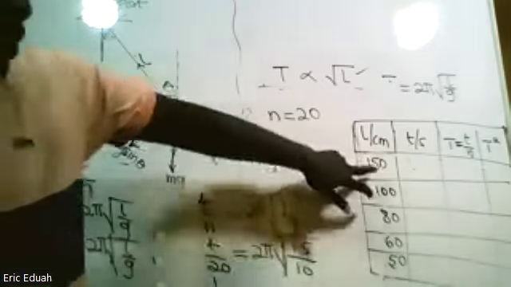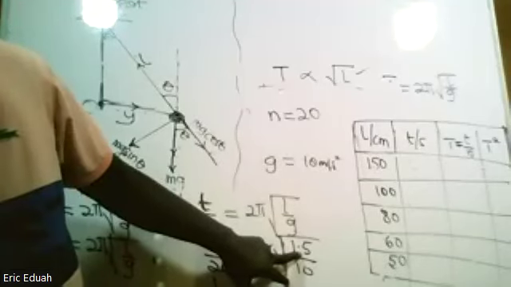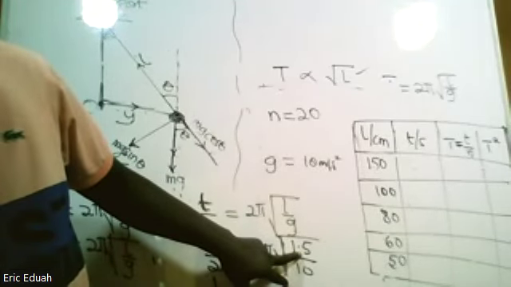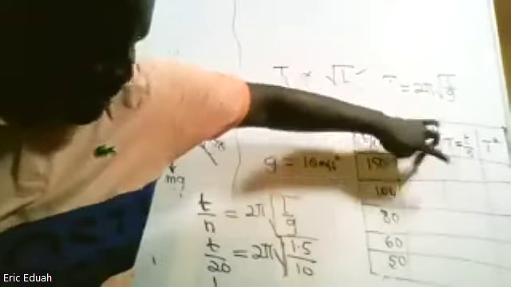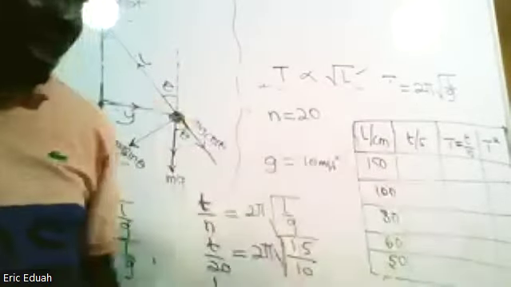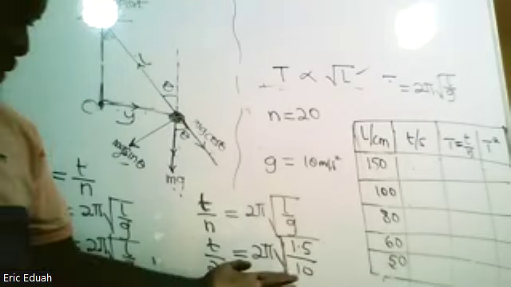Isn't it so powerful? Yes, please. When we substitute the values and we solve, the answer we get will be for which one? Isn't it for what length am I using? I'm using 1.5, 150. So that will be the time here. Calculate the whole thing.